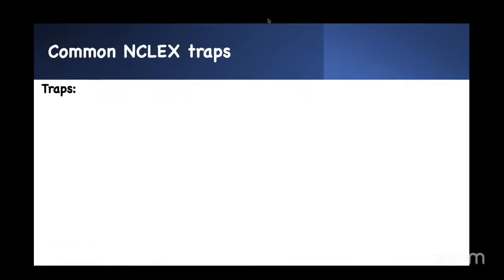Before we do the questions, these are my traps. Once again, in order to put it all together, I want you to listen carefully. These are NCLEX traps, okay? This is mostly for kid or infant. Okay, let me put infant. In an infant, never use your hands. So no hands. Don't put your hands on them.